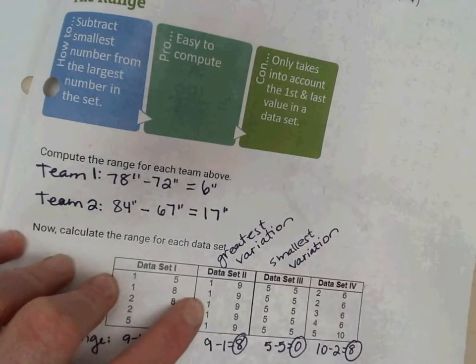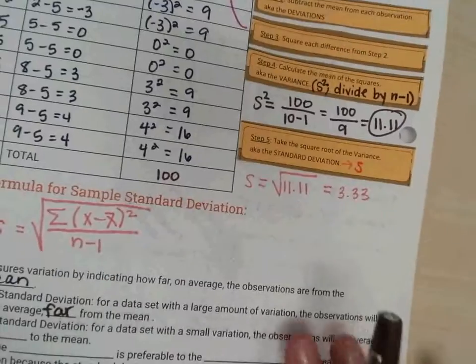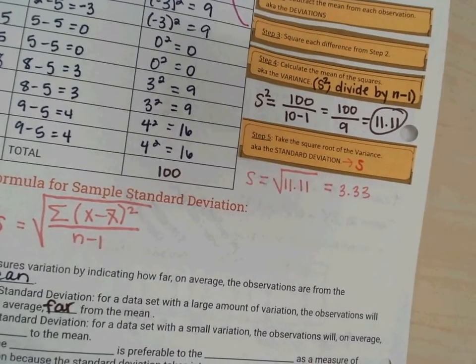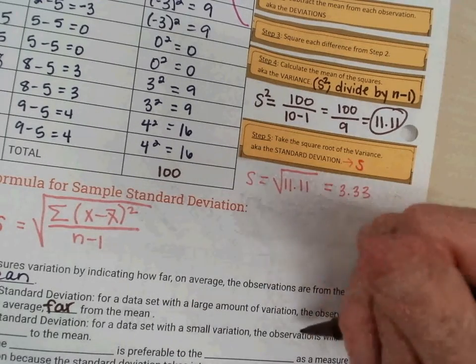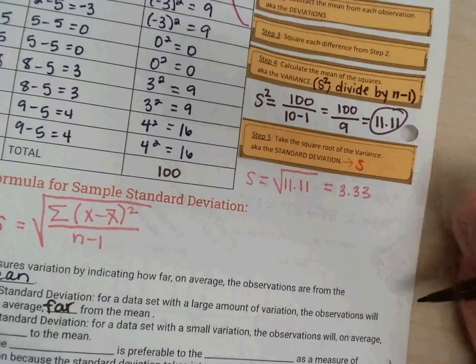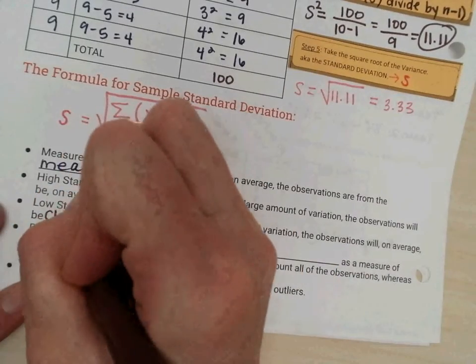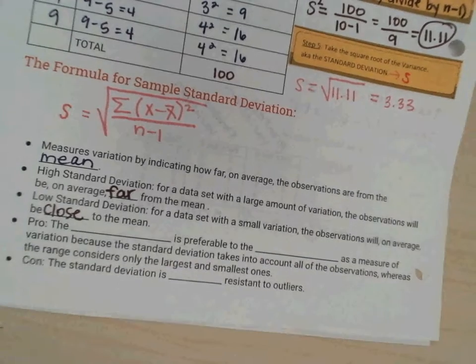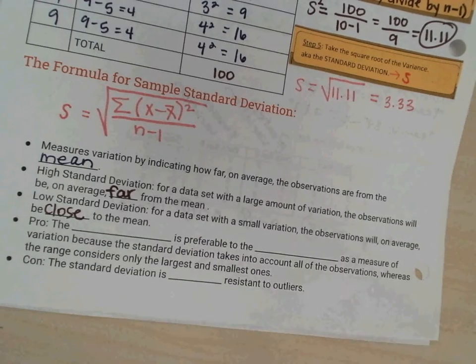This has a high variation because these values are far from the mean. In contrast, we have a low standard deviation is when a data set with a small variation, the observations will on average be close to the mean. Like that data set that had all 5s. They're all the same as the mean. So can't get any closer than that.